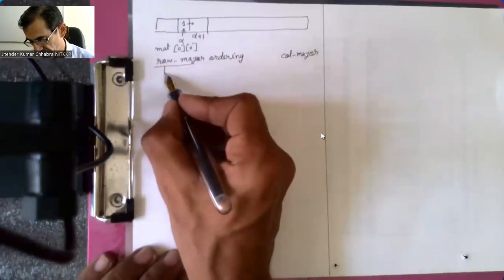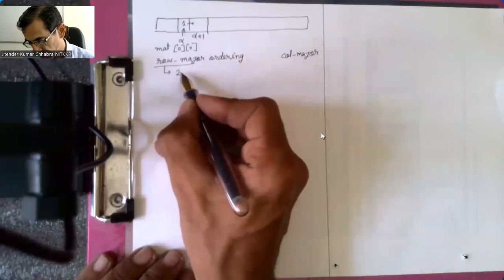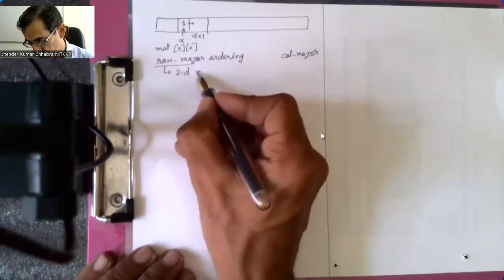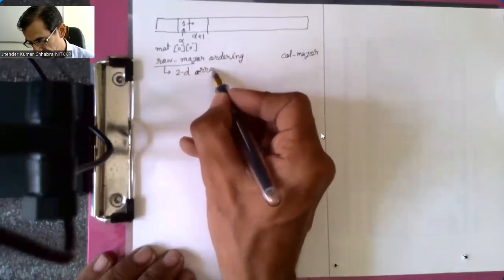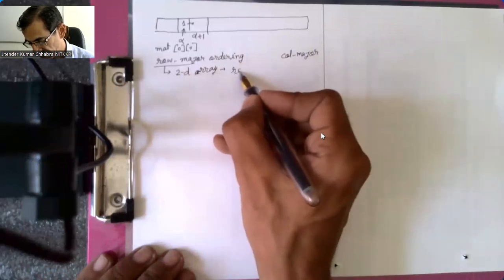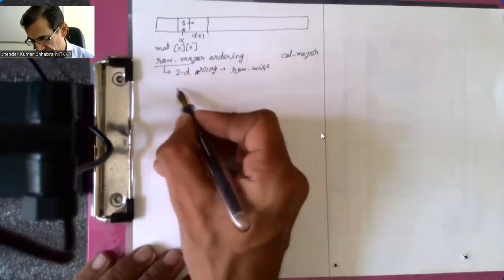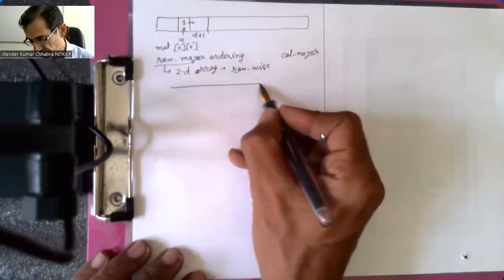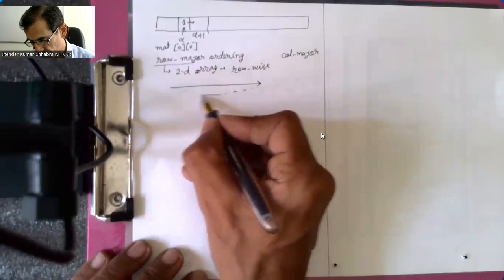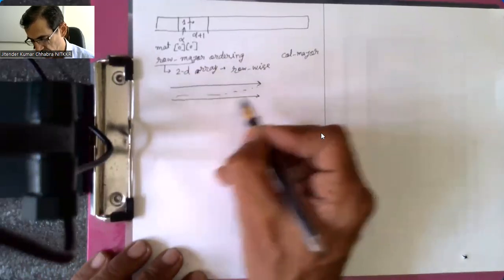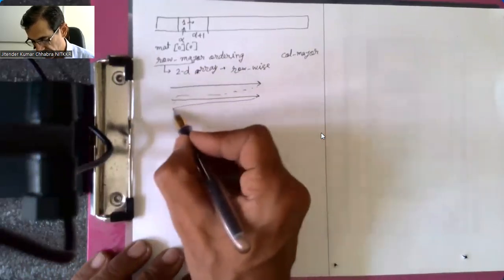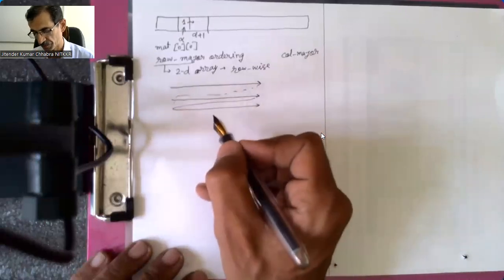We will understand row major, and column major will be similar. Row major means for a 2D matrix or 2D array, it will be stored row wise. Row wise means the full row will be stored first, followed by the second row, followed by the third row, and so on.